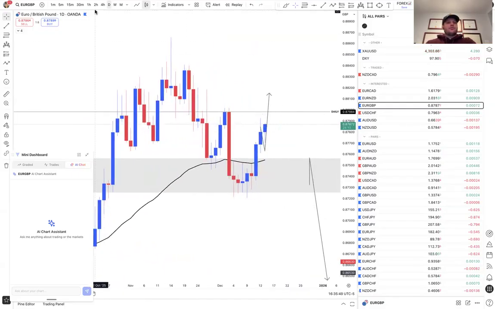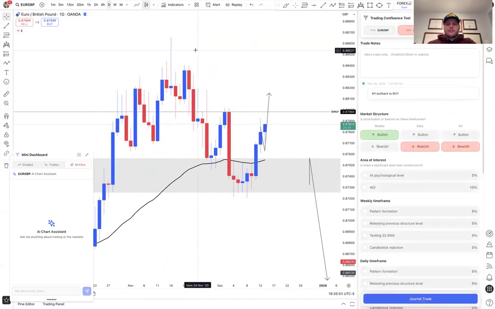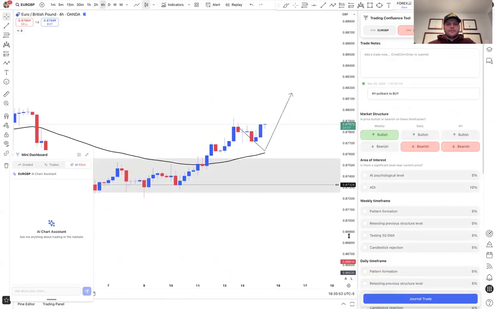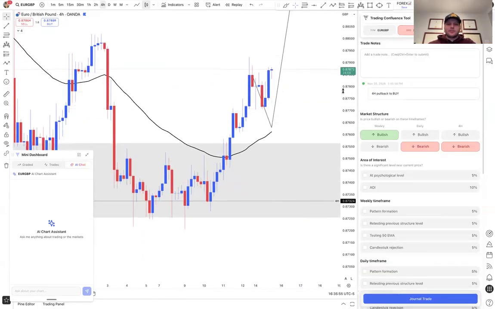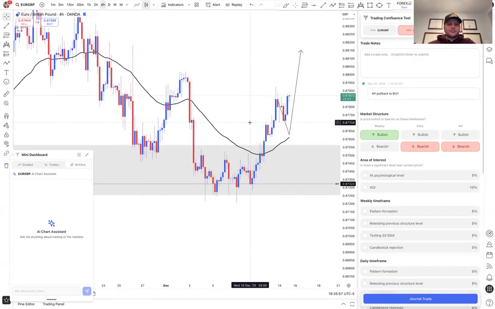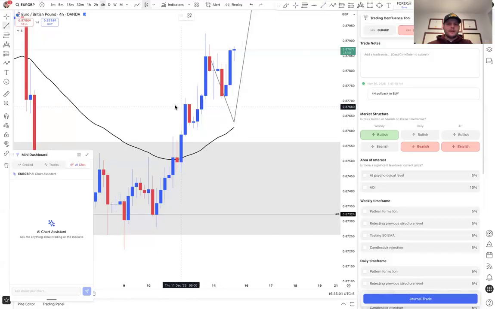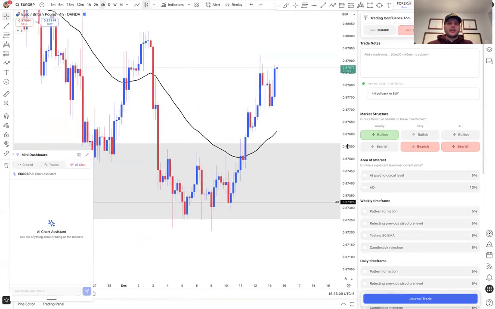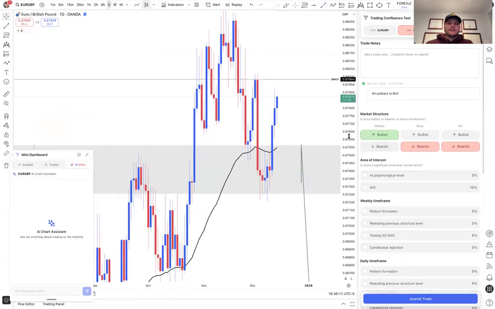Moving on is Euro GBP. Here we were looking for a 4-hour pullback to buy. The 4-hour pullback did happen, and so did the buys. We retested previous structure, literally wick to wick right here. We get 1 wick, 2 wicks. They perfectly retested each other. Bam, bam. And price took off. So now I think this one's kind of gone.